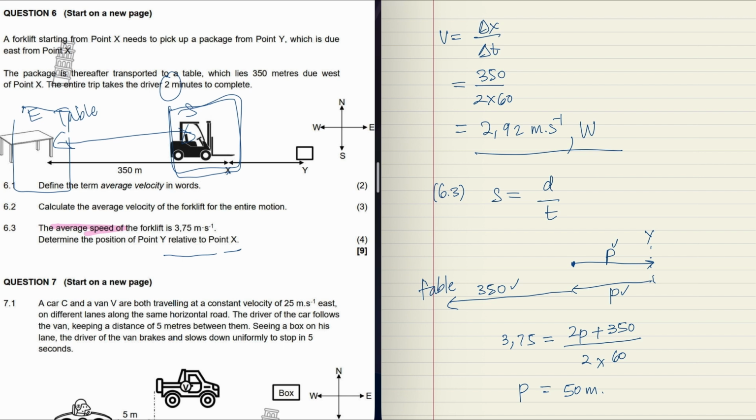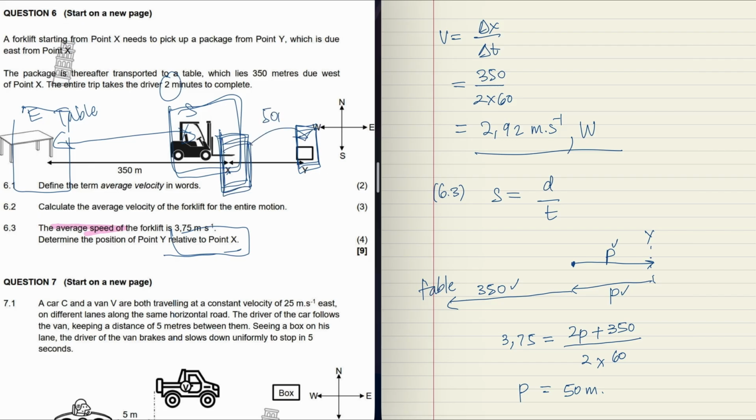If you are at Y, where is X? Actually, it's the other way around. The question is saying point Y relative to point X. So if you are at X, where is Y?